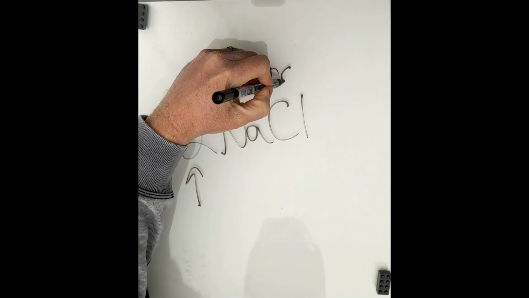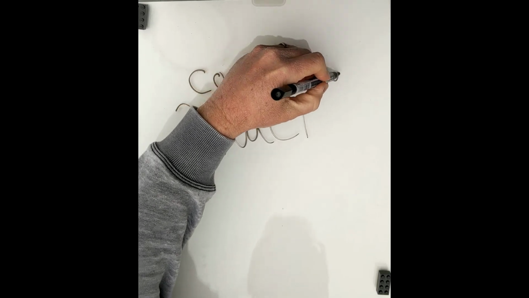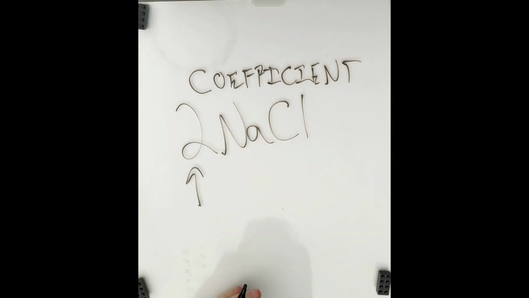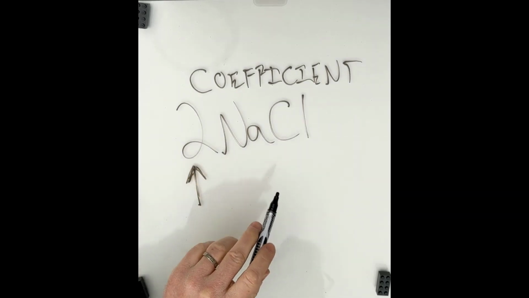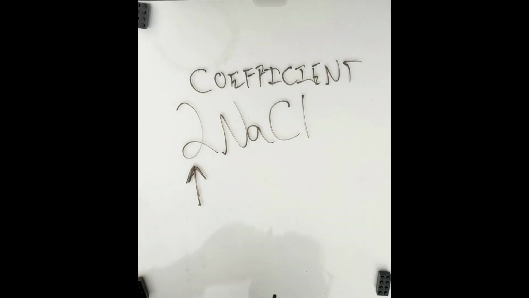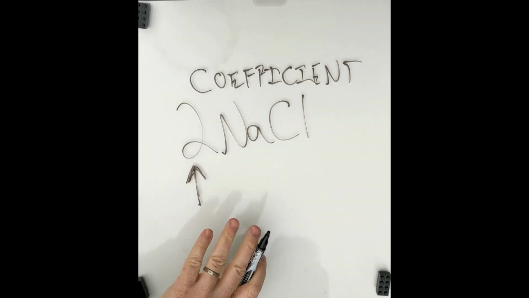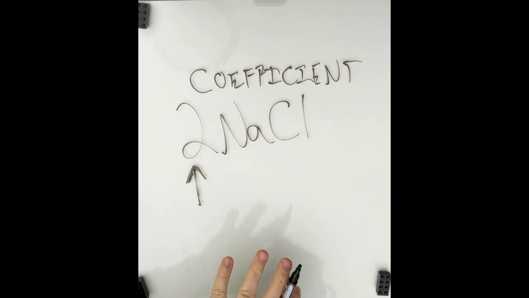Okay, that's a term that comes up sometimes in math, but in terms of science and chemistry, it'll come up in physics too. There's different things called coefficients of drag and things like that, coefficients of friction. But for our purposes, coefficient is a number that appears in front of a chemical formula. Okay, we're going to use this much more when we start talking about reactions and equations and things like that.